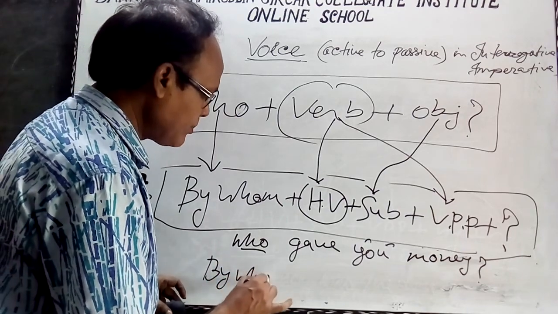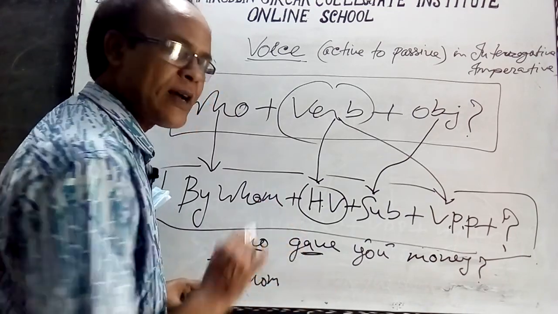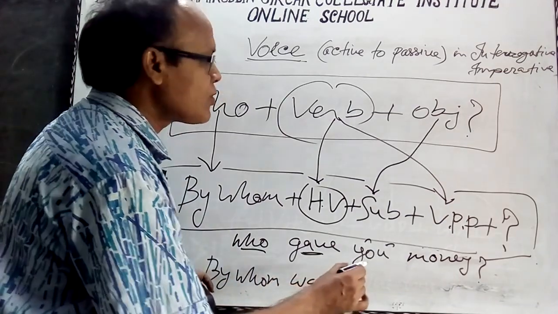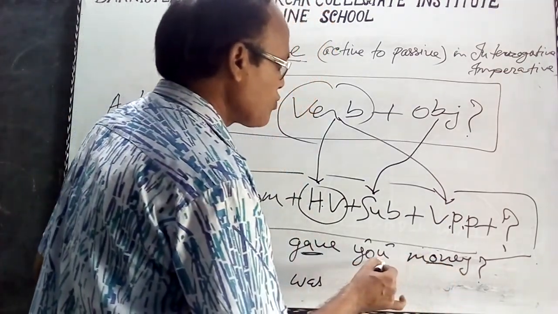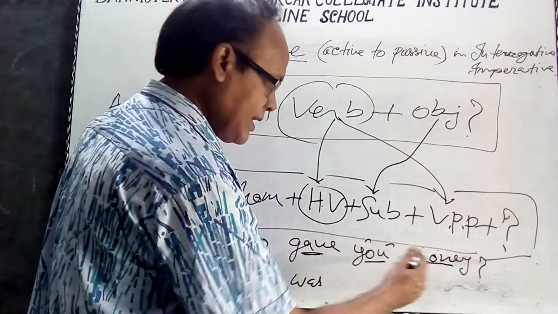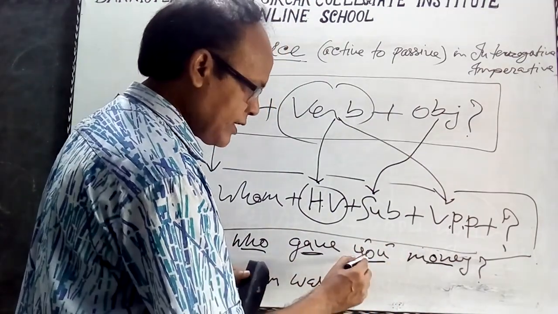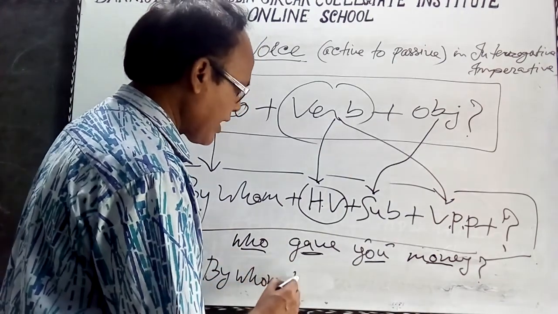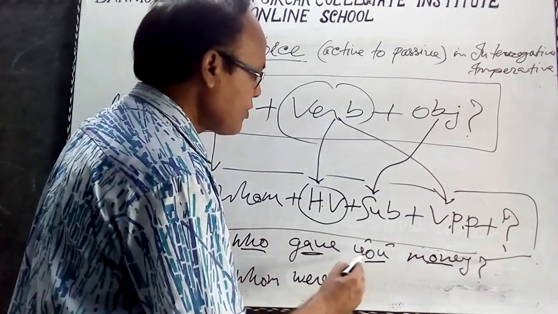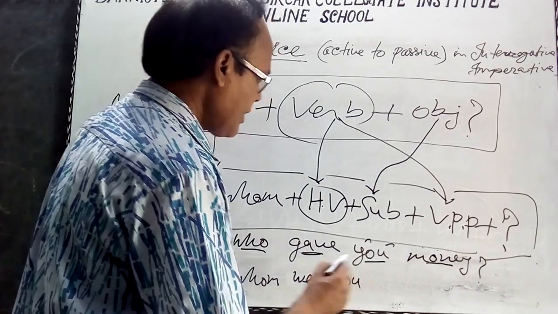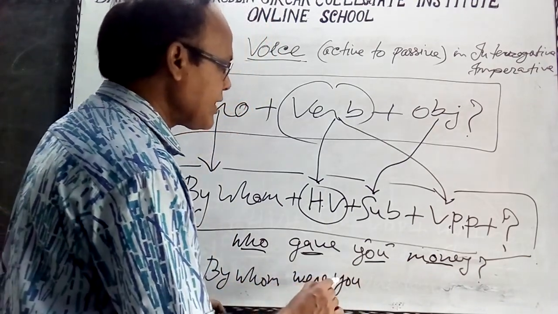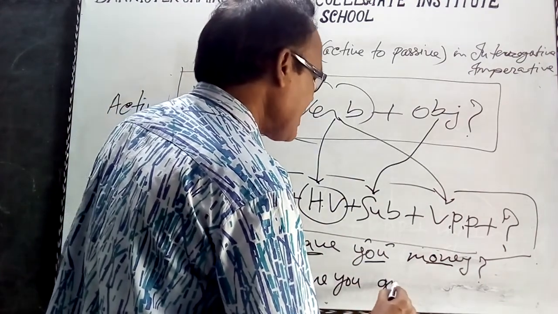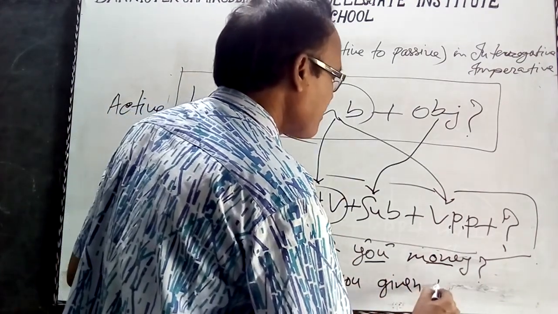By whom, and gave is in the past indefinite tense, so was or were. So here there are two objects, money or you. If we take you, then here you is second person, so were. By whom were you, and give will be in the past participle form, given money.